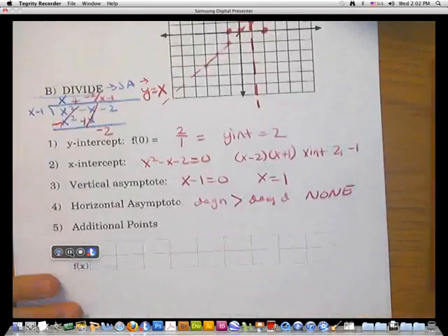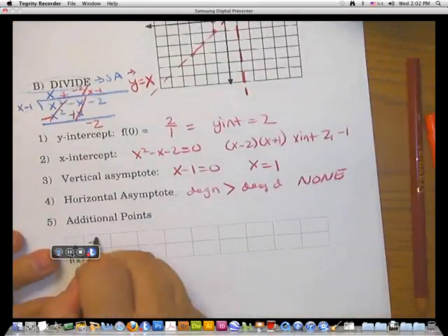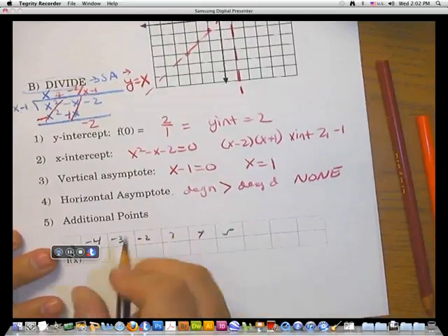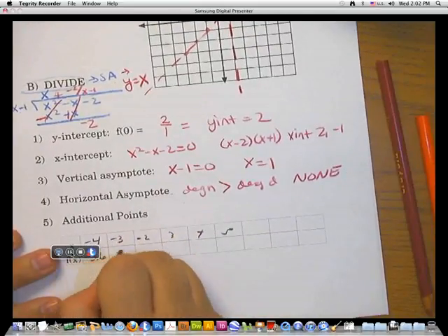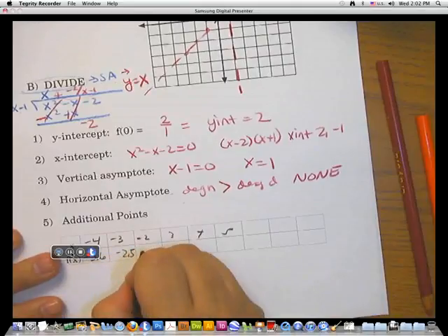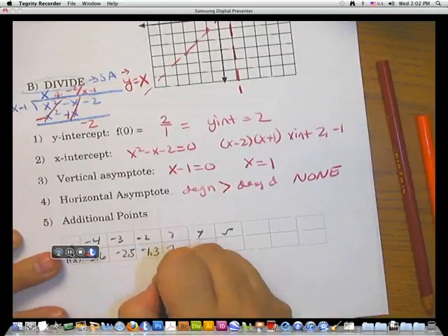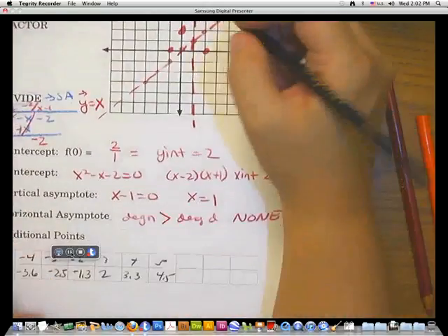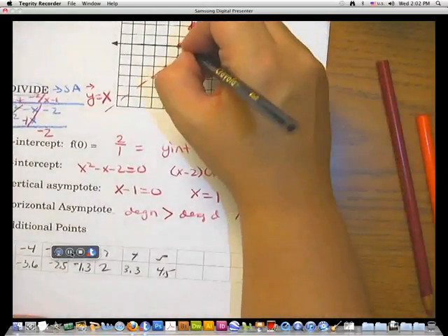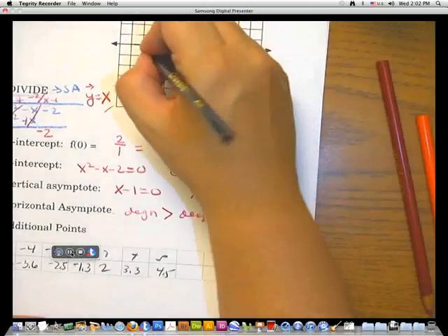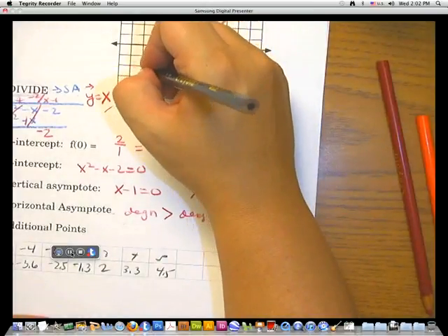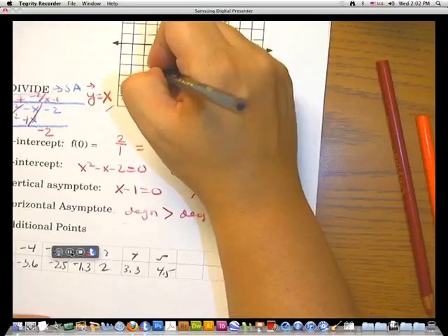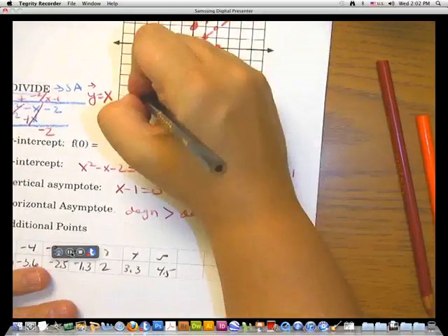Okay. We can pick some additional points, but we do already know a couple, and like I said before, there's really not many ways you can approach an asymptote. So -4 is -3.6, -2.5, 1.3.